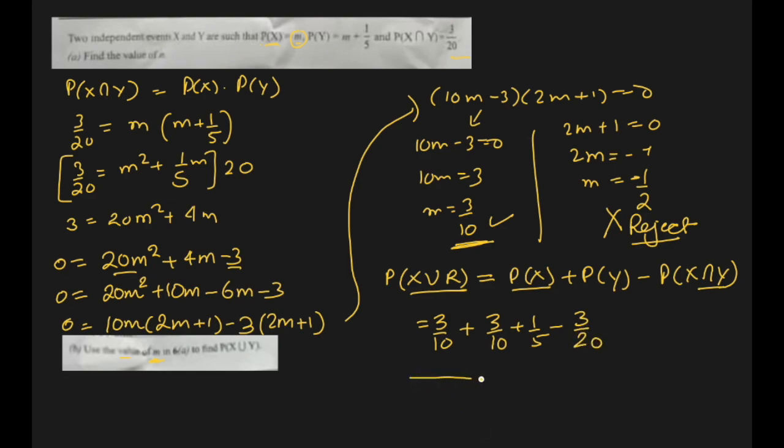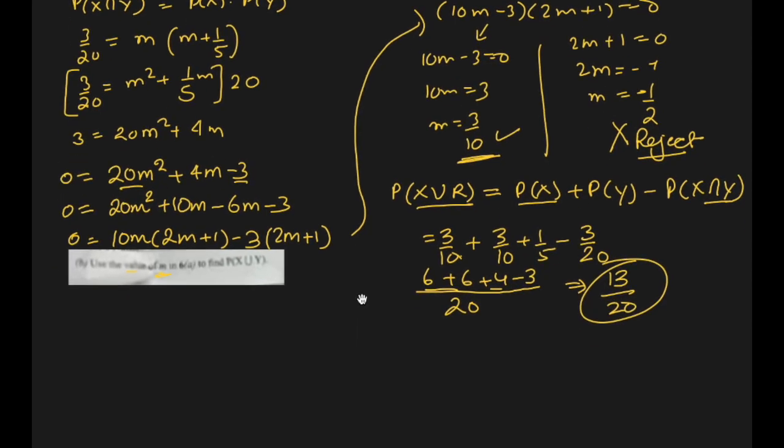So the LCM is 20 again. This will be times 2, 2 times 3 is 6, plus 4, minus 3. 6 plus 4 times... 12 plus 4 is 16, minus 3 is 13 over 20. That is X union Y.